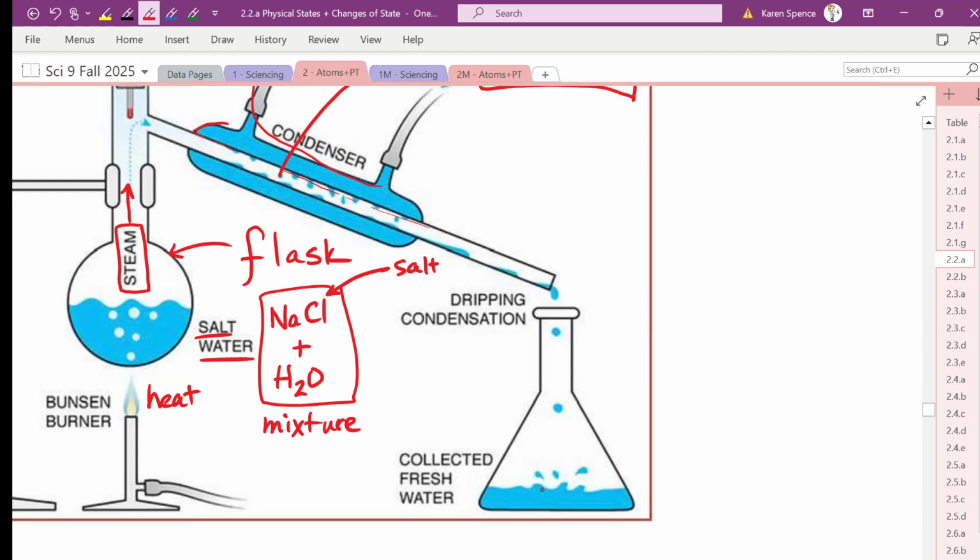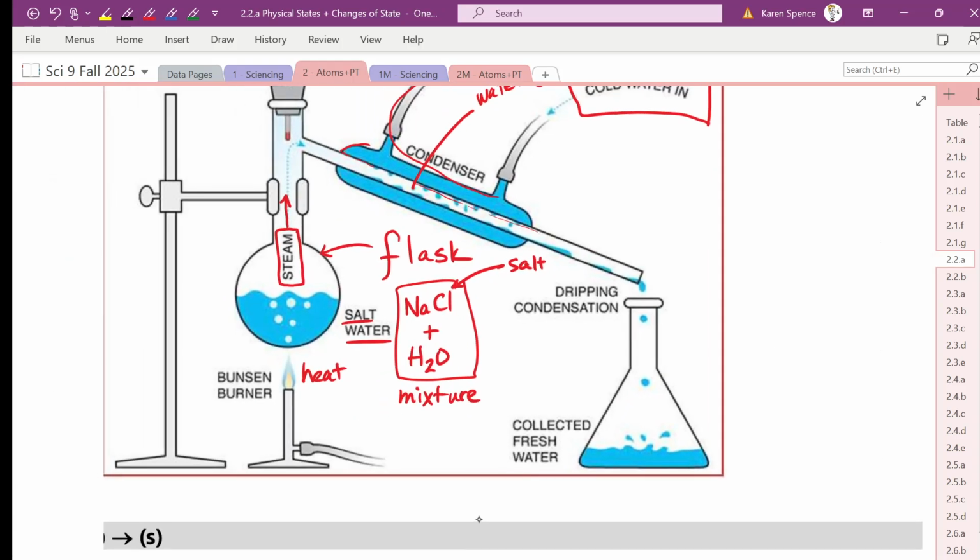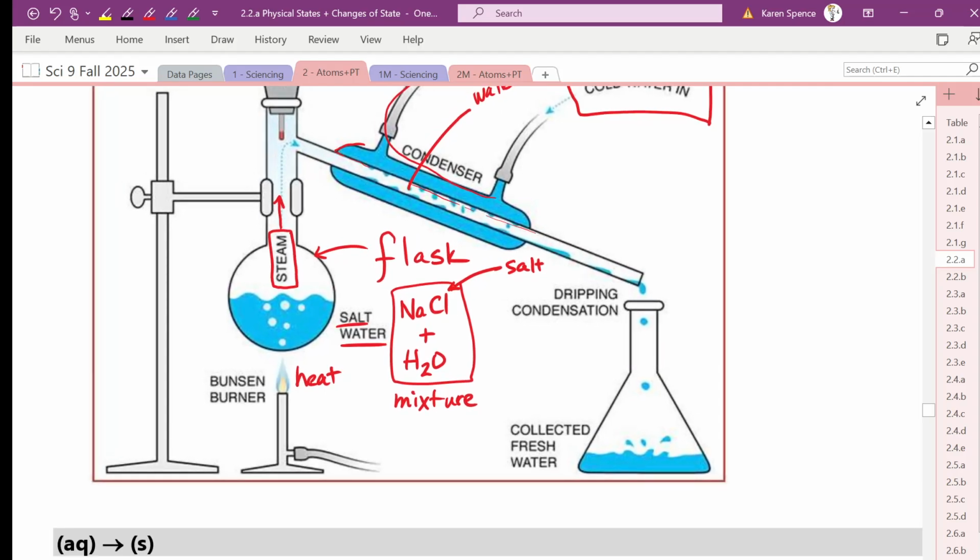What's going to be left behind? Salt. So if you had seawater and one of these things, you could make yourself some nice drinking water. But isn't there a bunch of other stuff in seawater? Most of it also has a higher boiling point than water, so everything else is going to stay behind.